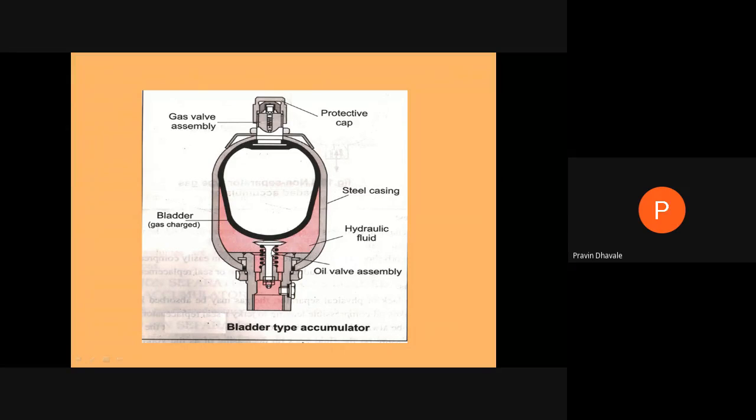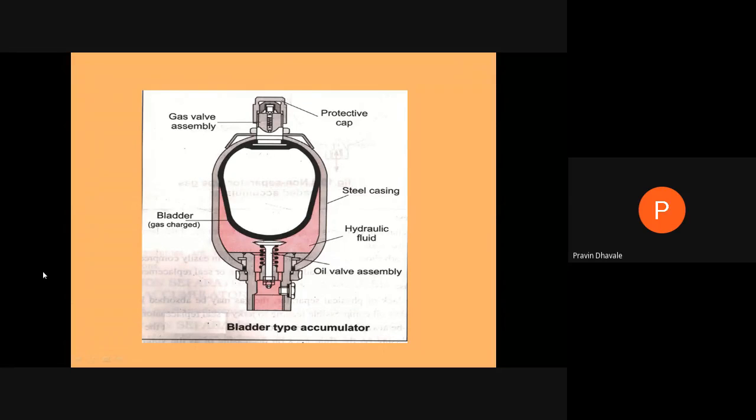But when supplying to the actuator, the bladder expands and the gas pressure goes on changing because the area for expansion goes on increasing. So it does not provide a constant pressure on the fluid, and it supplies a low volume of fluid under low pressure to the actuator.